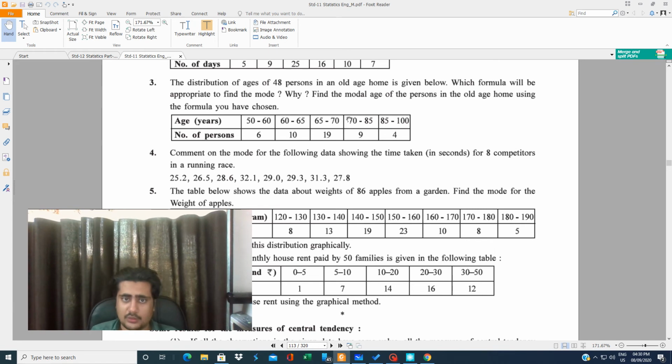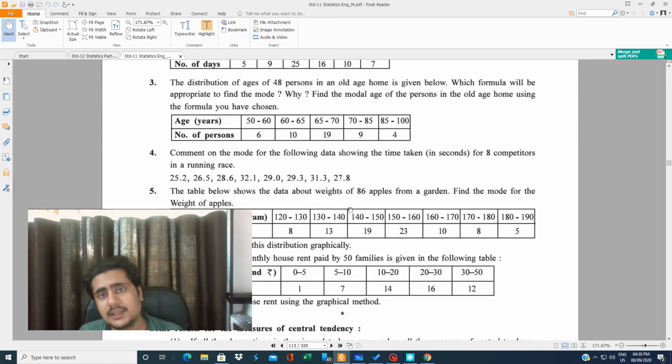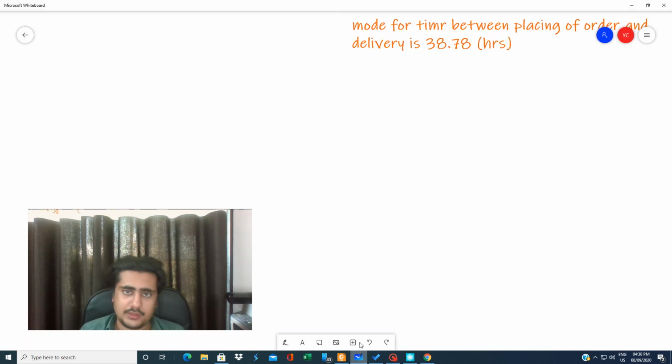Frequency is not repeated obviously, but if you see the classes, the class length is unequal. First class is of 10, second class is of 5, third is of 5, fourth is of 15, and the last is also of 15. So these are unequal classes, and I told you that if class lengths are unequal, you have to find the mode by the empirical formula. You got my point?